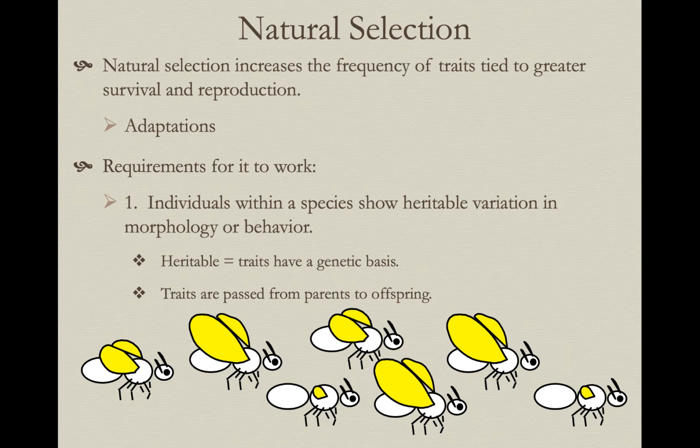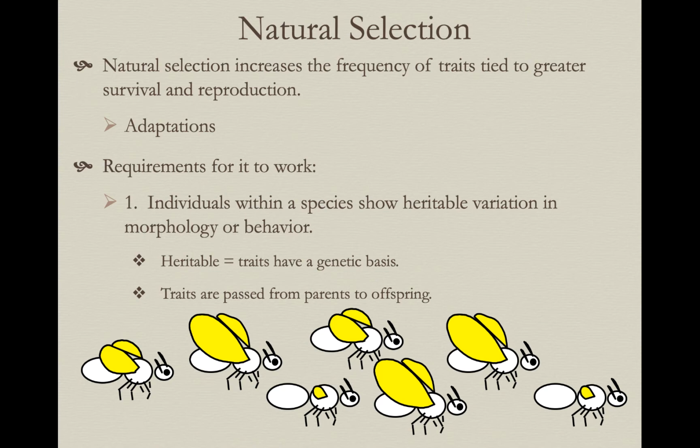So I'm going to go through this example again that I gave in the last video. Here we have a population of flies that vary in wing shape, so we have the first requirement for natural selection, that there is variation among individuals with a trait. And we're going to assume that this is a heritable trait, meaning that the individuals with big wings have genes or alleles associated with the genes that are responsible for the production of wings that say make big wings.